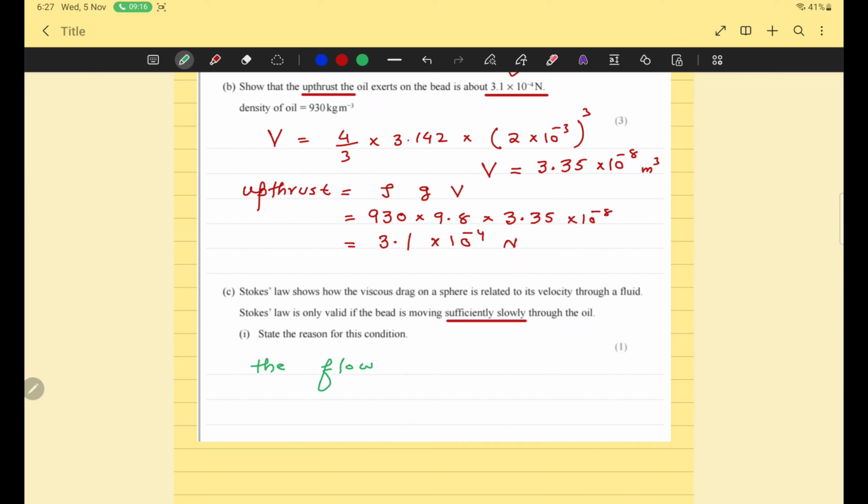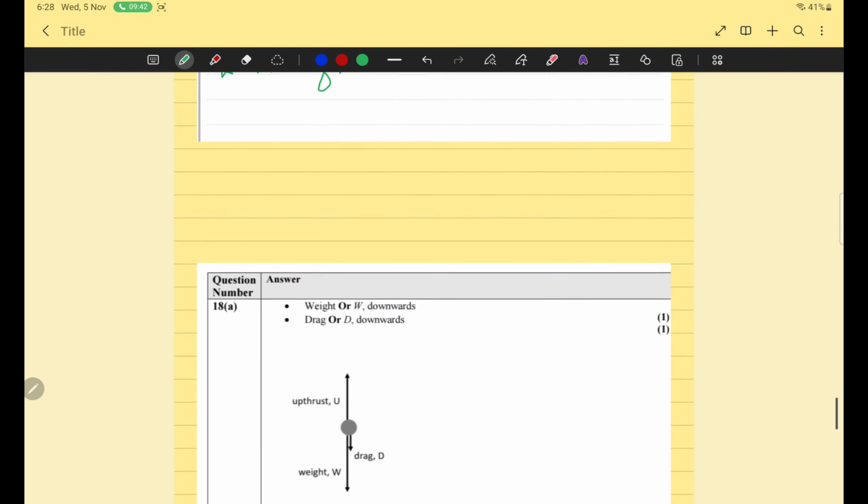If the object or sphere moves at high speed, it produces turbulence. So in the marking scheme, the answer is that the reason for slow movement is so that the flow remains laminar. It is a simple question.